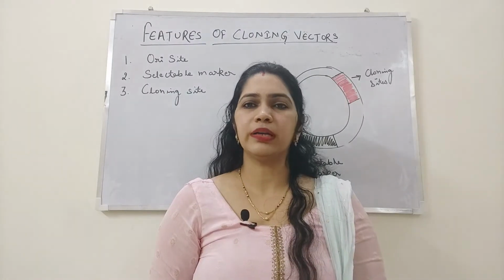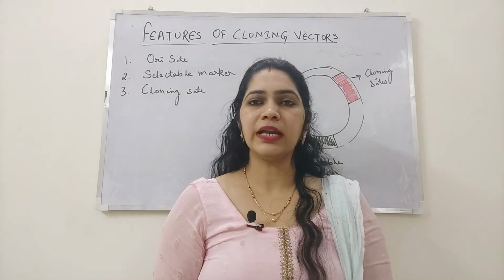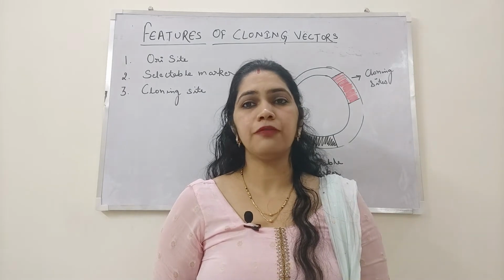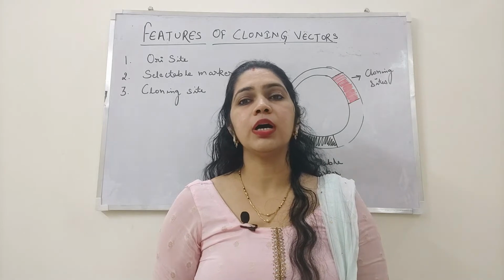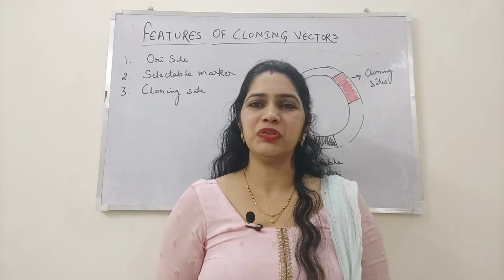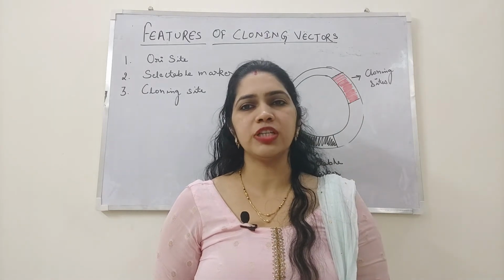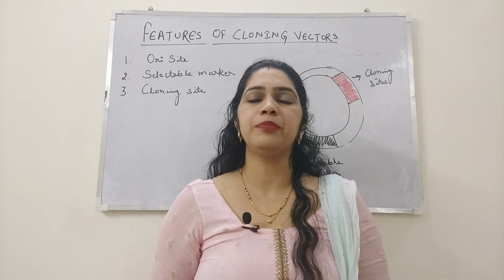Now, let's have a quick recap on what we have studied earlier. As we all know, in recombinant DNA technology, our gene of interest, or you can say a foreign DNA or alien DNA, is inserted into a cloning vector with the help of enzymes like restriction endonucleases and ligases, which is then inserted into a suitable host where it will get expressed to give us a desired product.